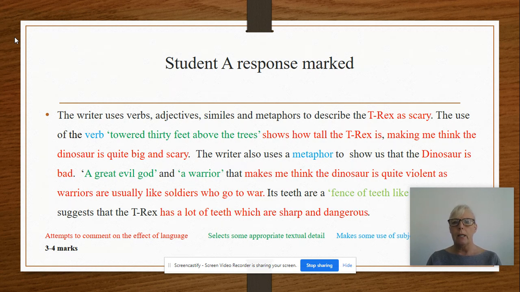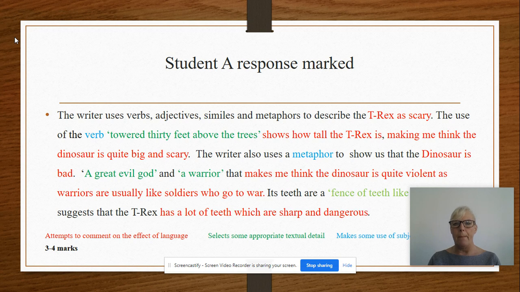Okay, so I haven't actually got the particular verb, but I'm going to ignore that. There is some appropriate textual detail, and we've got some use of the subject terminology, and we've got a comment here. Shows how tall the T-Rex is, making me think the dinosaur is quite big and scary. Okay, not bad, not bad.